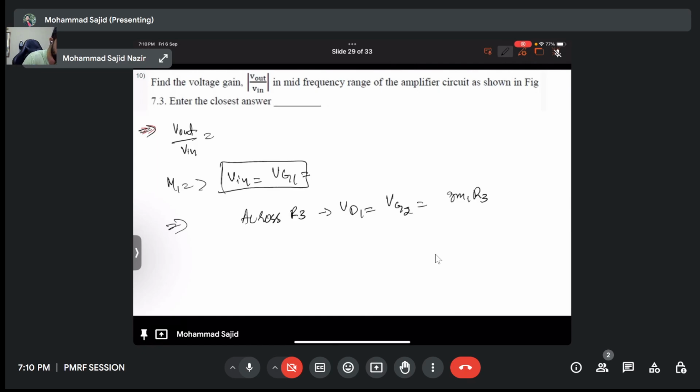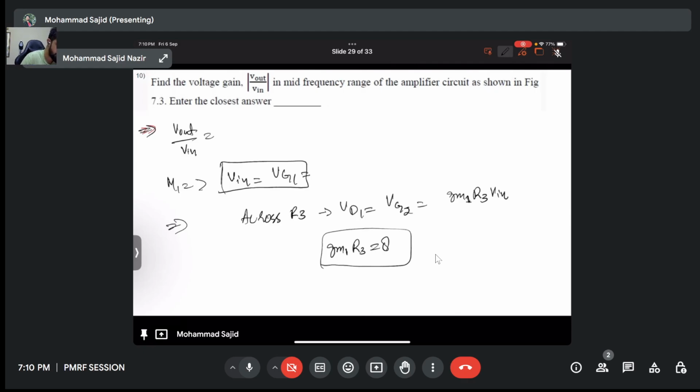So Gm1 multiplied by R3 multiplied by V input will be the potential across this resistor. You need to calculate Gm1 on your own. R3 is given. Gm1 R3 is equal to 8.